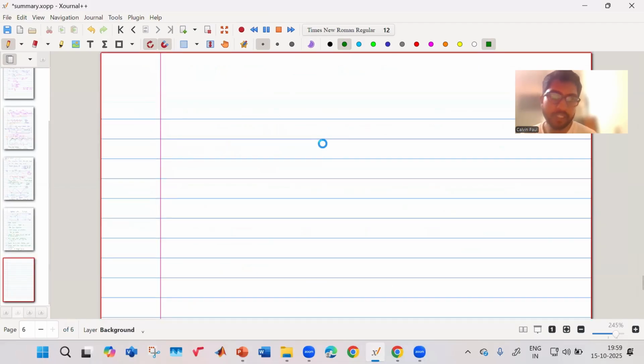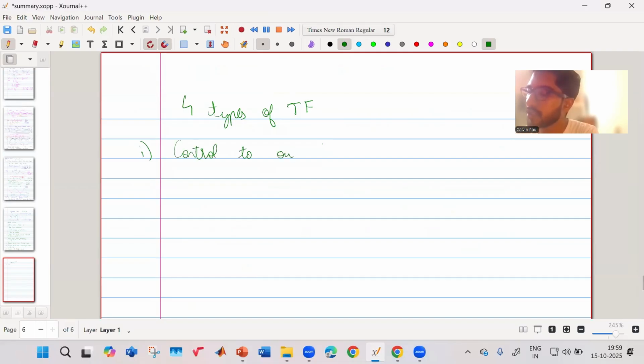It's difficult, I know, but let us try to keep our heads in this. So you get 4 types of transfer functions, right? If you remember, one is your control to output transfer function, which is your GVD of S, which is your V output perturbed by your duty ratio perturbed.